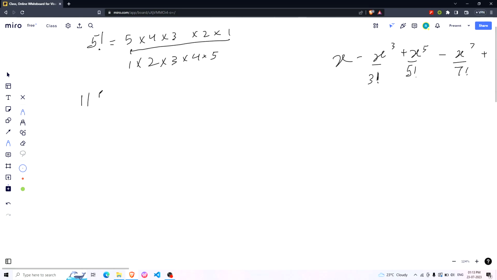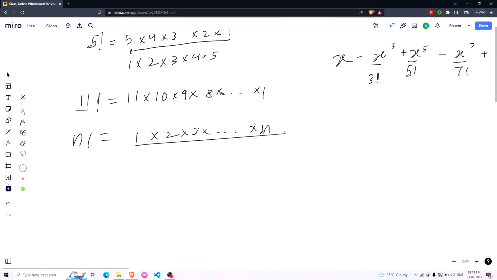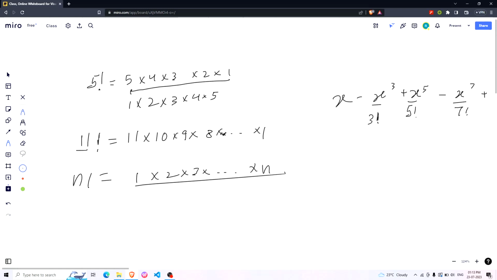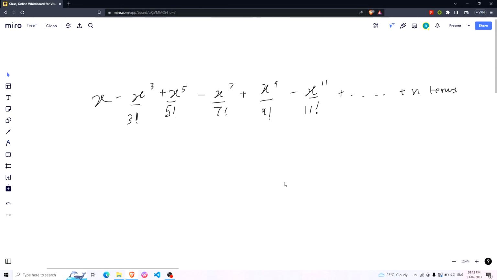If we are talking about 11 factorial, it's the multiplication of 11 into 10 into 9 into 8 up to 1. N factorial is the multiplication of 1 to n, right? 1 into 2 into 3 into finally n. This is n factorial. So let's see how we can calculate the factorial into our answer.